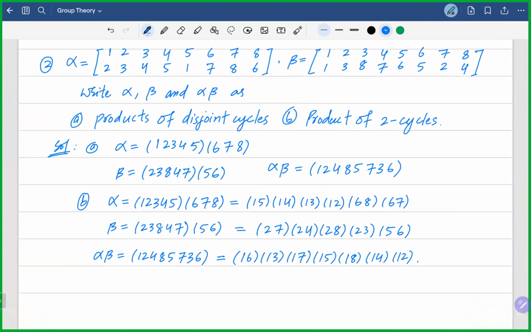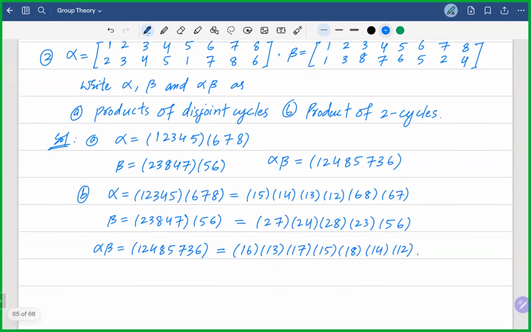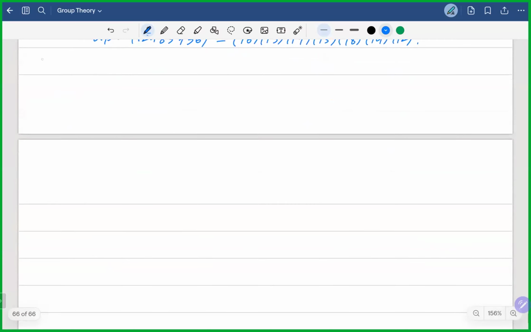Now, let's find the order of the permutations. So number 3 is: find the order of each permutation.